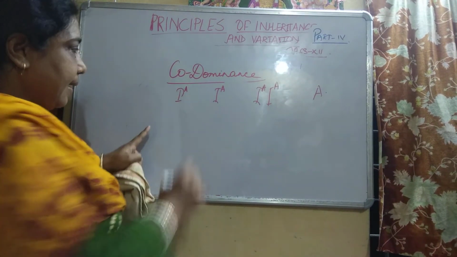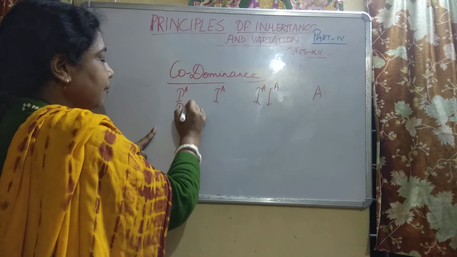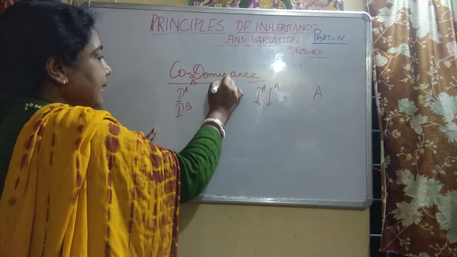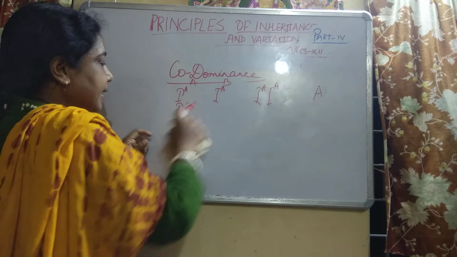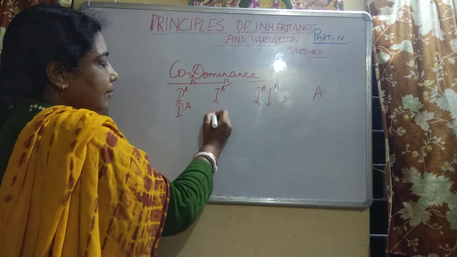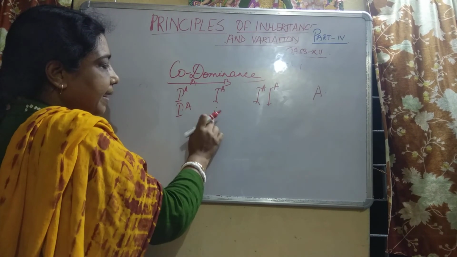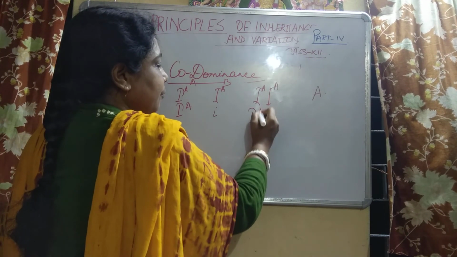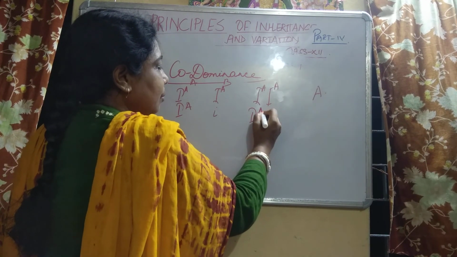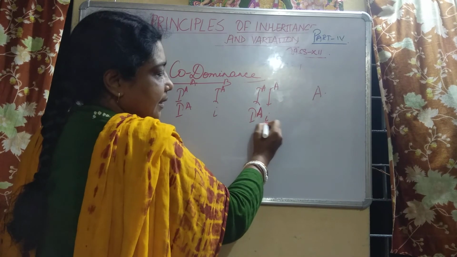Blood group A. Now if from parent A, suppose this is A, and from the other parent, the gamete contains this allelic form, what upon fusion? This one. So who is dominant? I told you all.